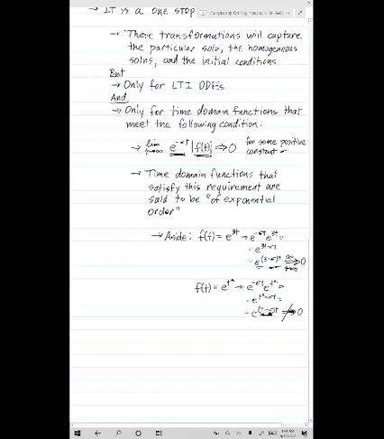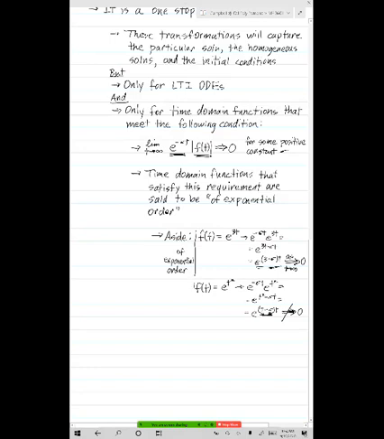So let's go ahead and get that down. So this first function that we are dealing with is, of course, of exponential order, and so we can work with the Laplace transformation of e to the 3t.